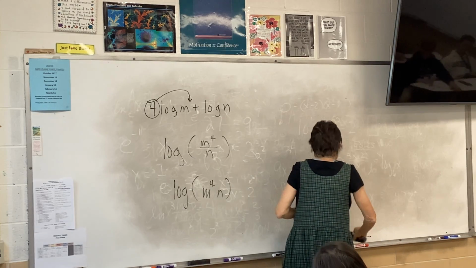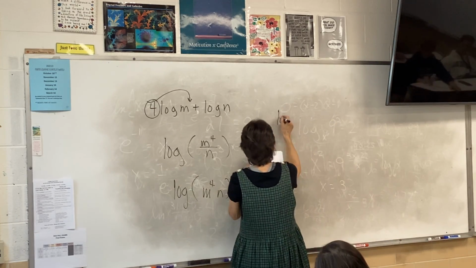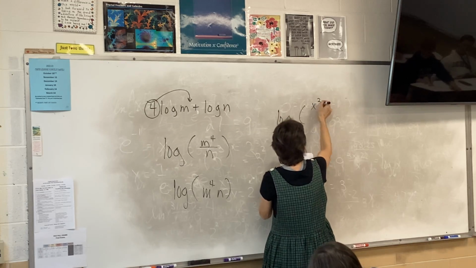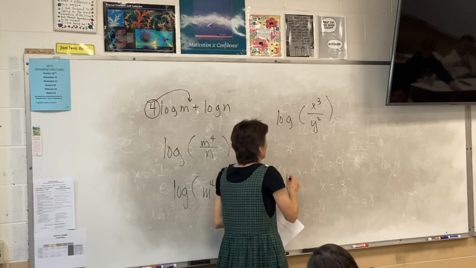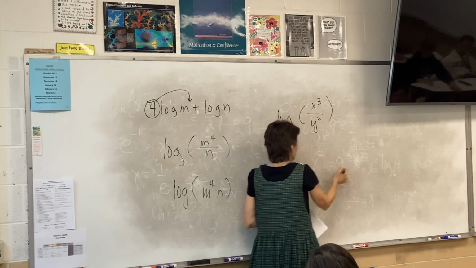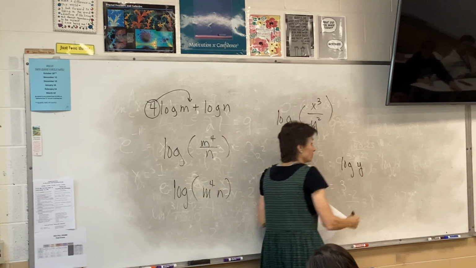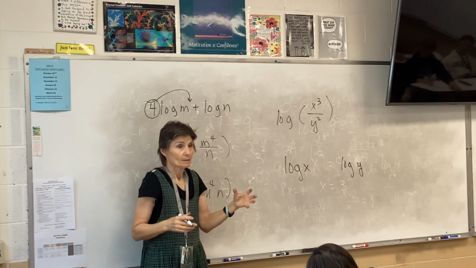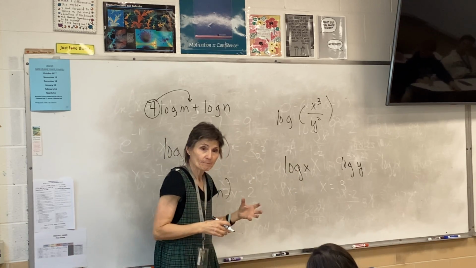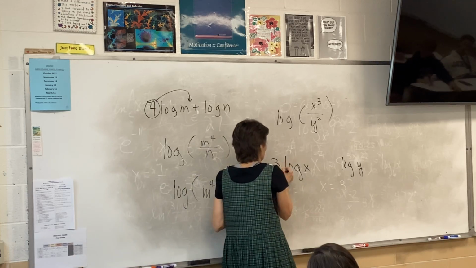Because now you're going to do the same thing backwards. So this one is already put together. It's one logarithm, and you're gonna break it apart to have a log of x and a log of y part. It's gonna be broken apart into two parts. 3 log x minus 2 log y. So what did you say? 3 log x minus 2 log y.